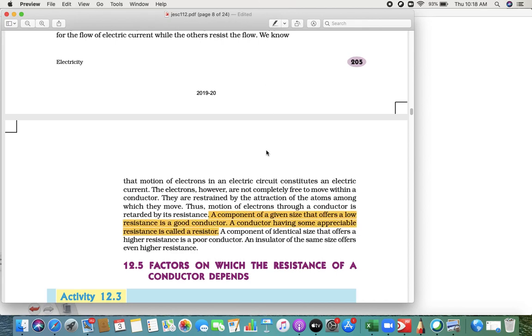The one which provides very little resistance, we call a good conductor, and the one which provides a good resistance is called a resistor.